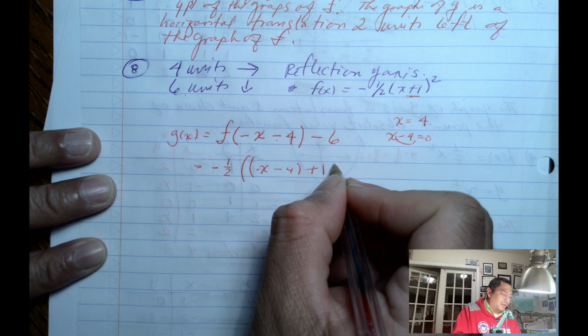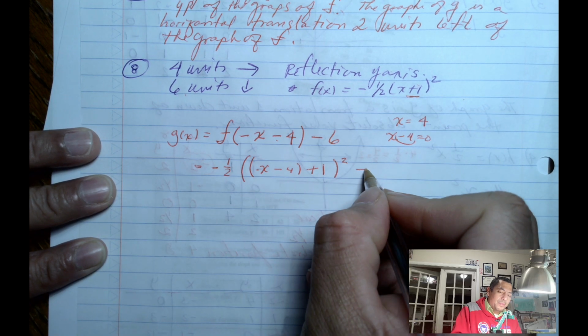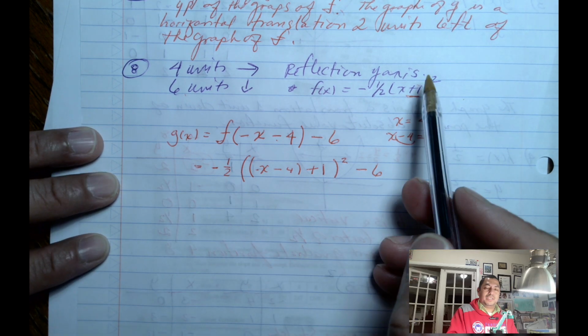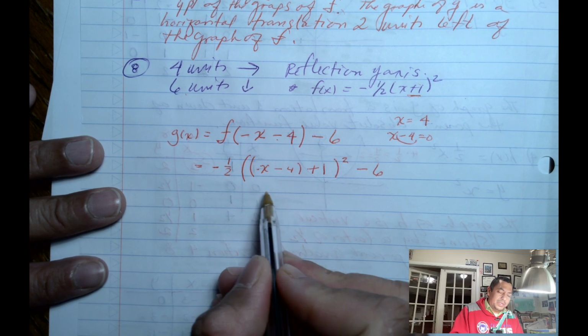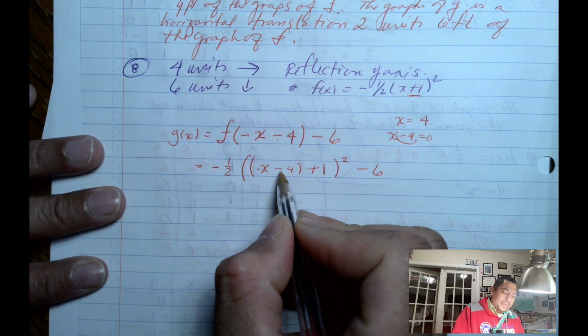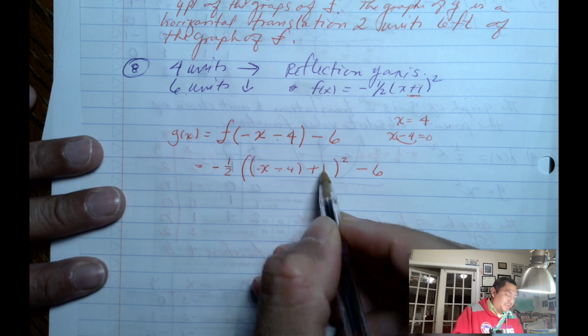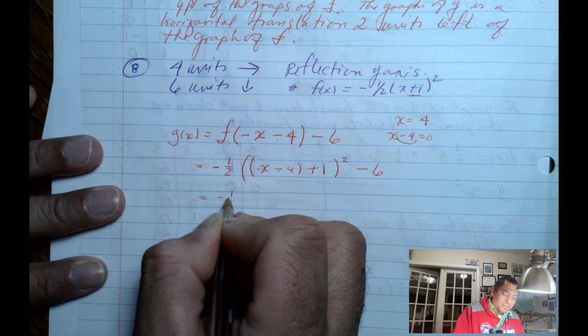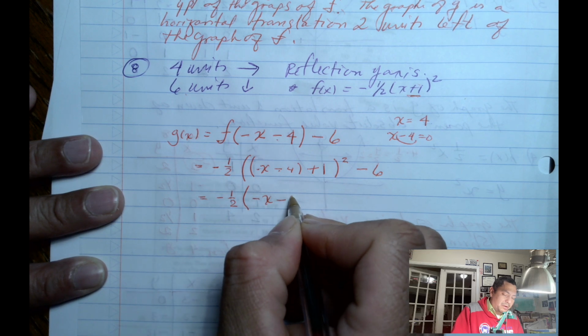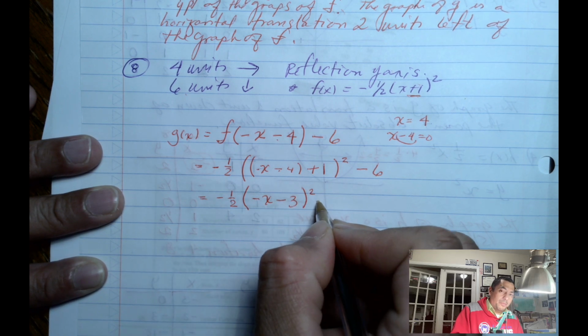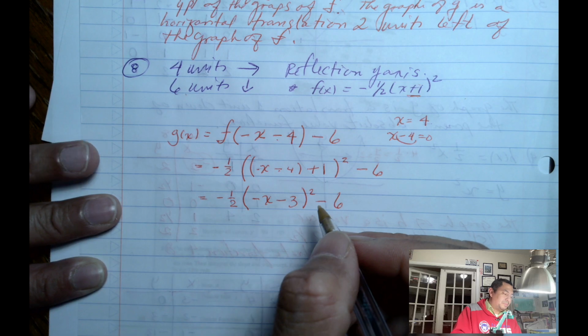Plus 1 and all this to the second power, minus 6. What I'm doing is pretty much a composition of functions. Now let's simplify a little bit. Negative 4 plus 1 is negative 3. So this is equal to -1/2 (-x - 3)^2 - 6.